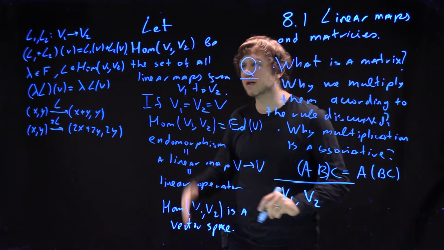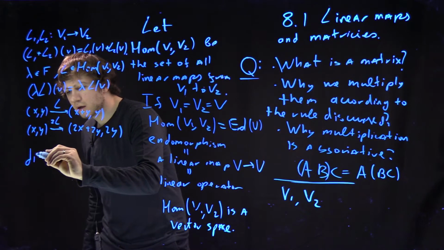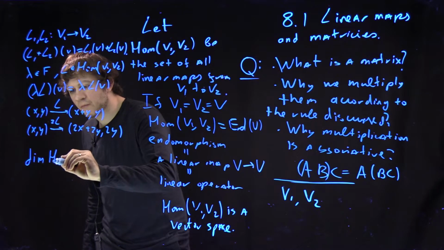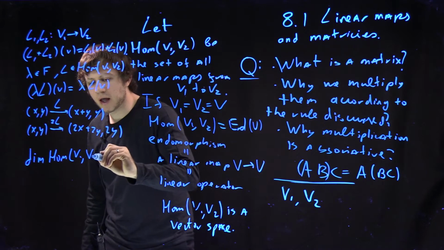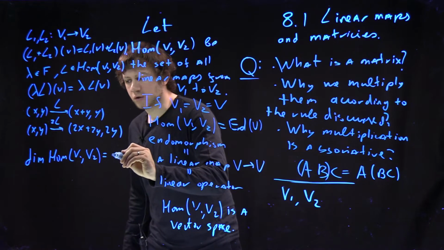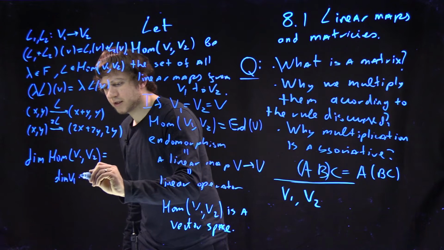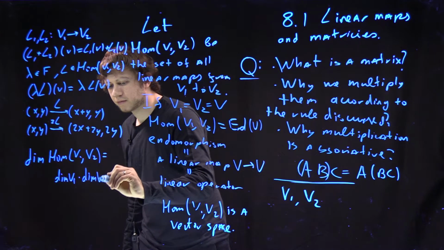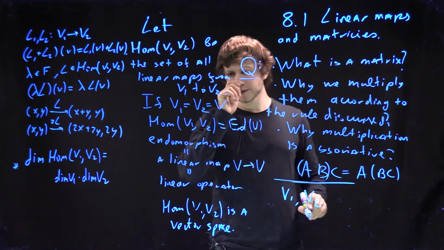And you can even ask what is the dimension. So the dimension of the space Hom from V1 to V2 actually is equal to the dimension of V1 times the dimension of V2. And we will see it in a moment. So that's really, really easy.